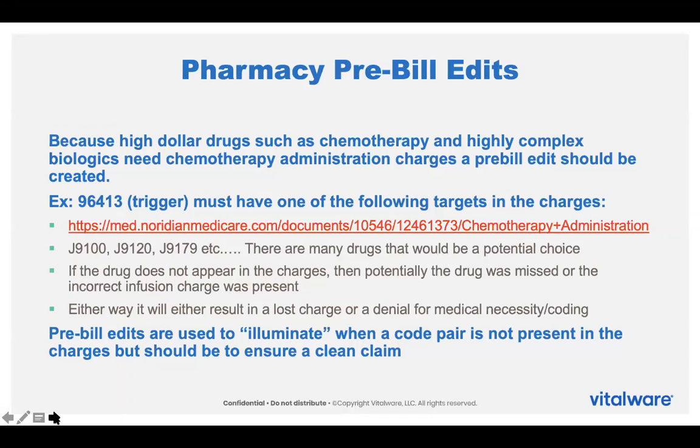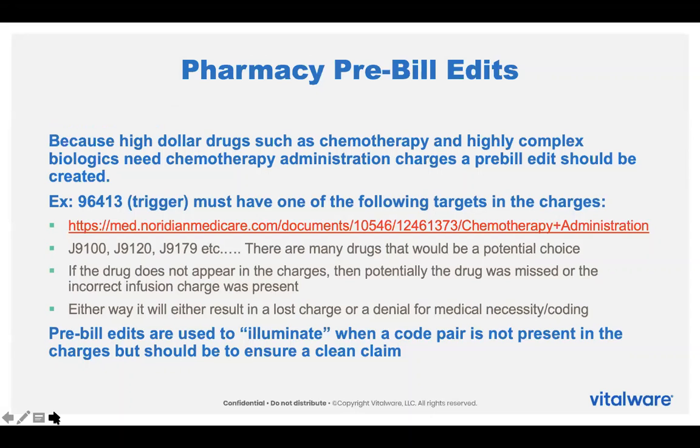Pharmacy pre-bill edits are particularly important because of the high dollar drugs and the high complex biologics that need chemo administration. To this day, for injections and infusions, I find that people are still getting confused what can be a chemo infusion or injection and what has to be a regular medication infusion and injection. Just because it's given in chemotherapy infusion centers does not make it a chemo.